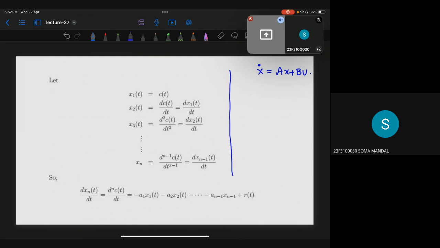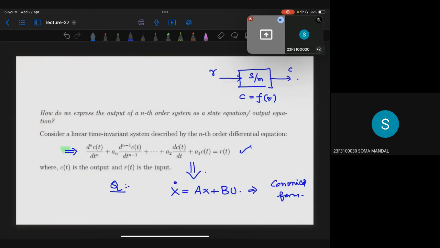Define the state variables. Given this differential equation, the number of states is equivalent to the order of the differential equation. What is the order here?